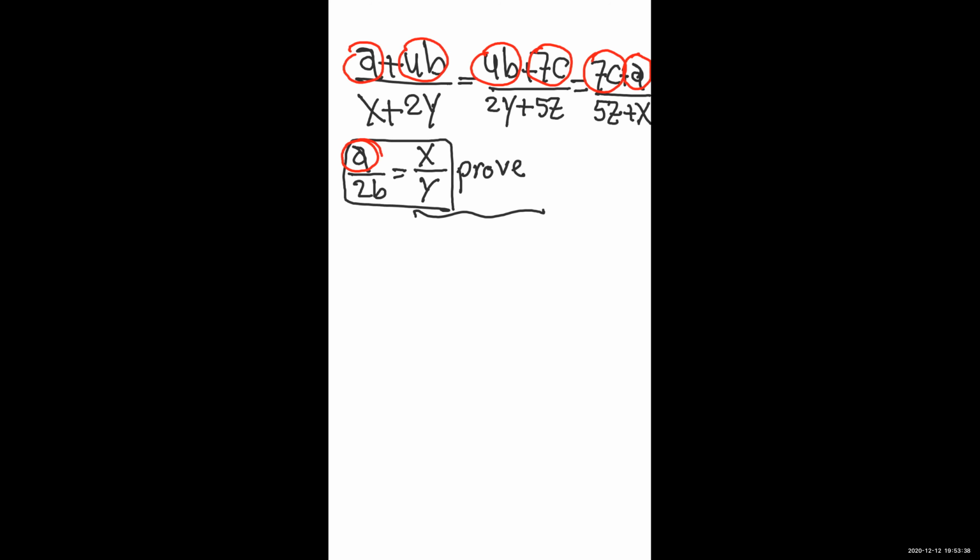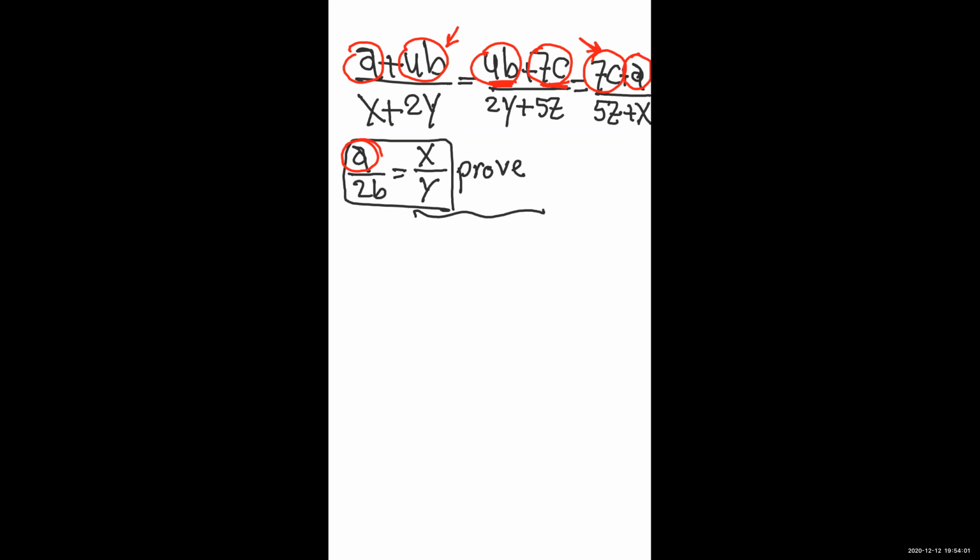Check the second term here, 4b and 7c. There is here one 4b and here one 7c, then the remaining will be a.